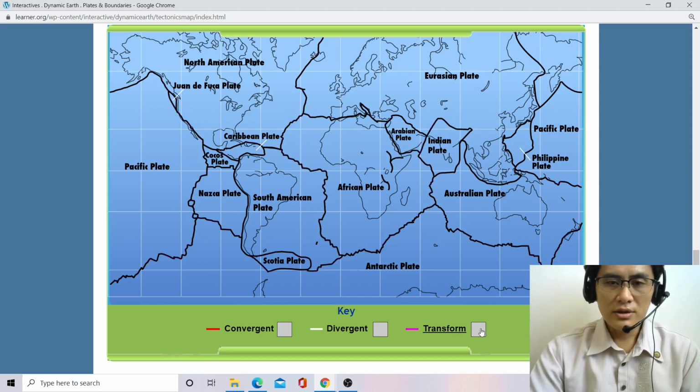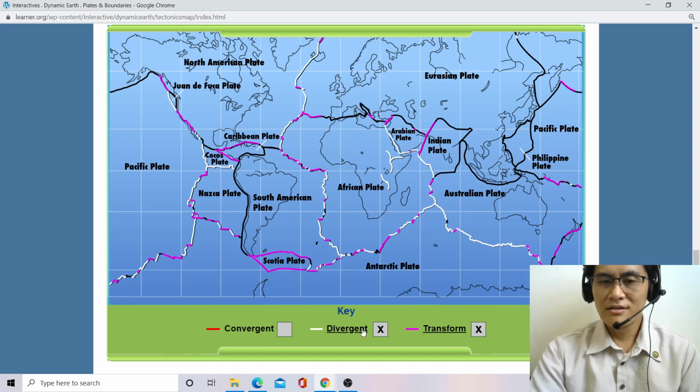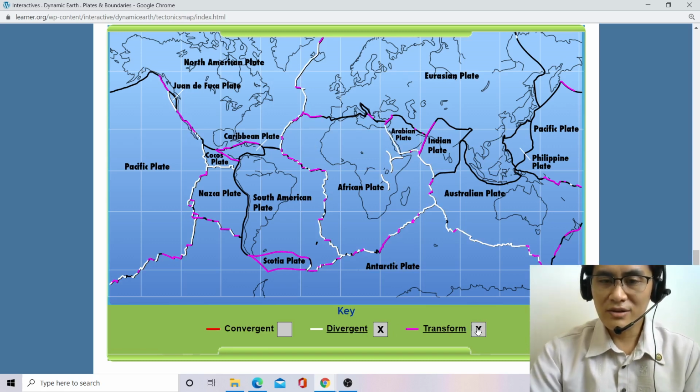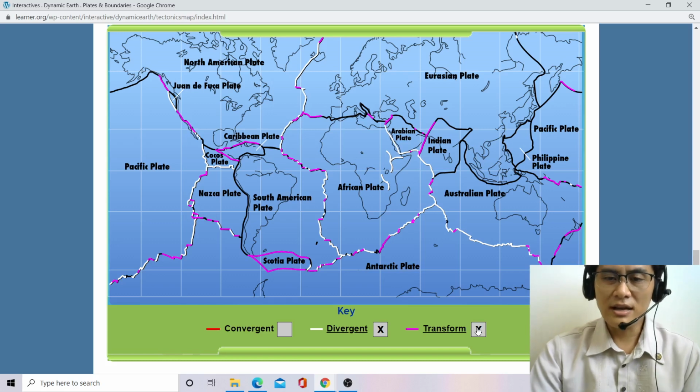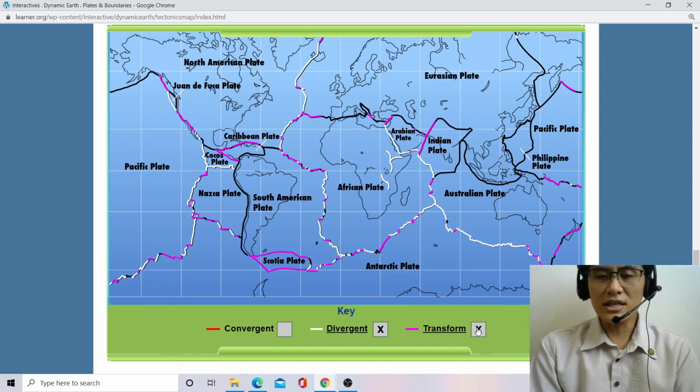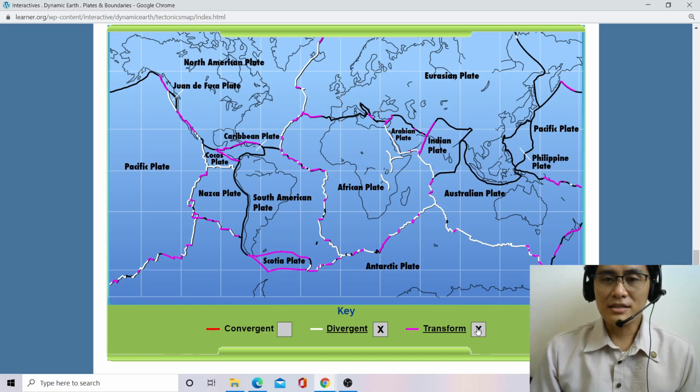If you look at transform boundaries, it's curious because where there are divergent boundaries, you can actually find transform boundaries. So think about that. It's a subtle thing, but if you try to simulate edges, it actually makes sense.